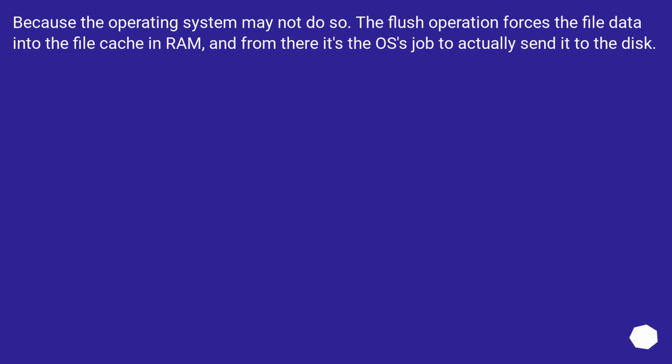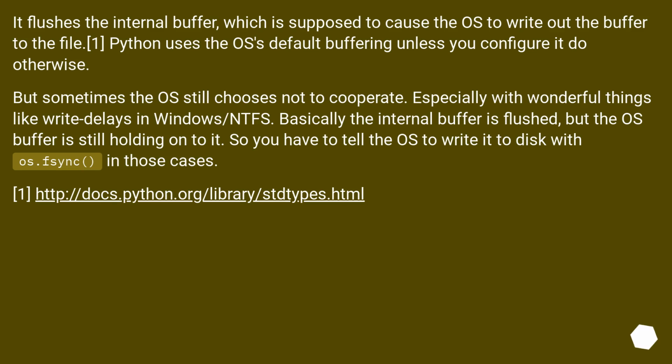Because the operating system may not do so, the flush operation forces the file data into the file cache in RAM, and from there it's the OS's job to actually send it to the disk. It flushes the internal buffer, which is supposed to cause the OS to write out the buffer to the file.